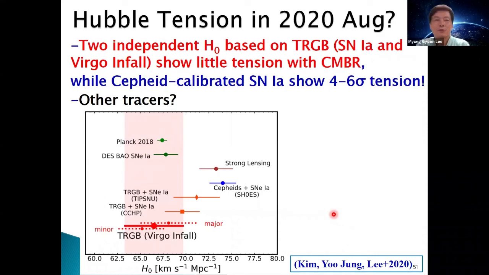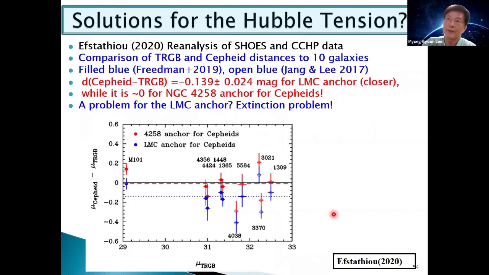But there is one interesting paper by F. Palacio this month or last month. He analyzed again the data of Hughes and CCHP. From that analysis, he suggests one possible solution to resolve the tension between the Cepheid-calibrated supernovae and Planck.